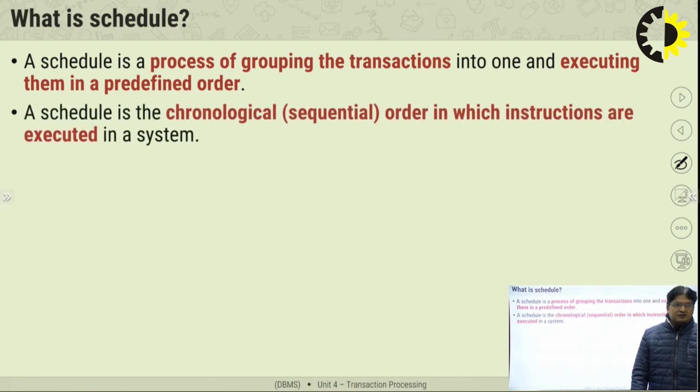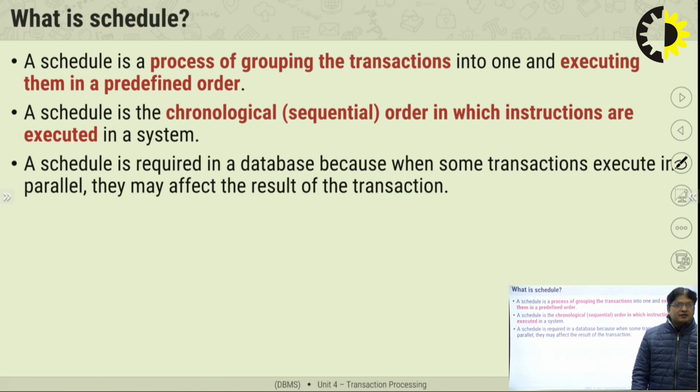It is the chronological order in which the instructions are executed in our system. A schedule is required in a database because when some transitions execute in parallel, they may affect the result of another transition.